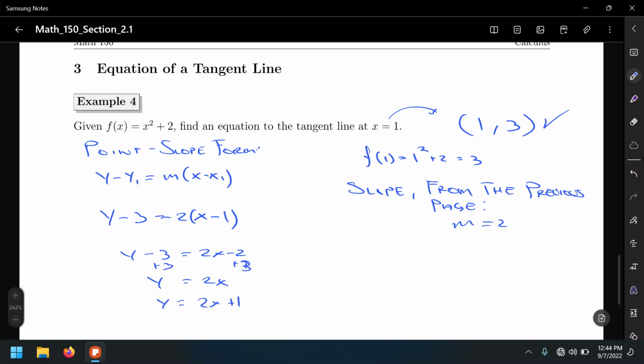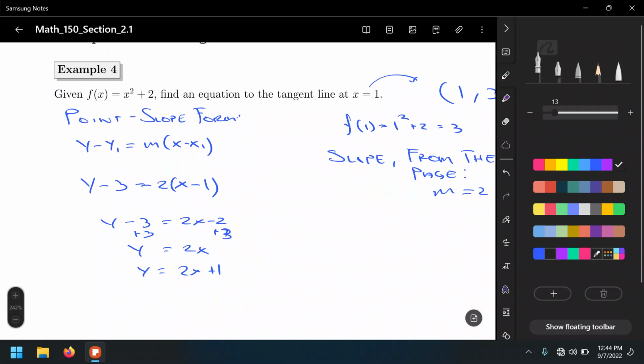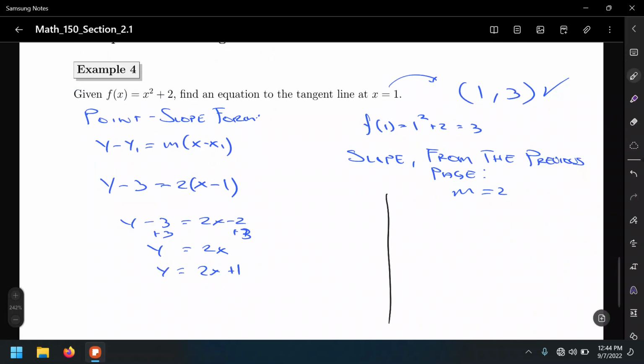All right, so let's plot the two together just to check the consistency of the calculations and all that. So that's 1, 2, so 0, 0, okay, that's 1, 3. And it's going to go like this.